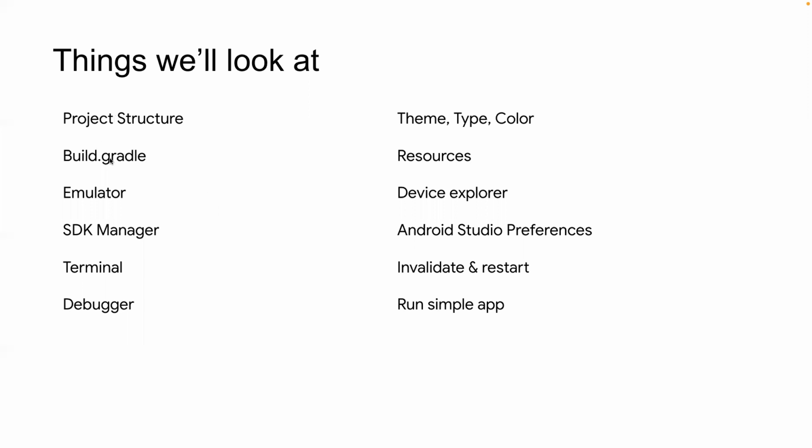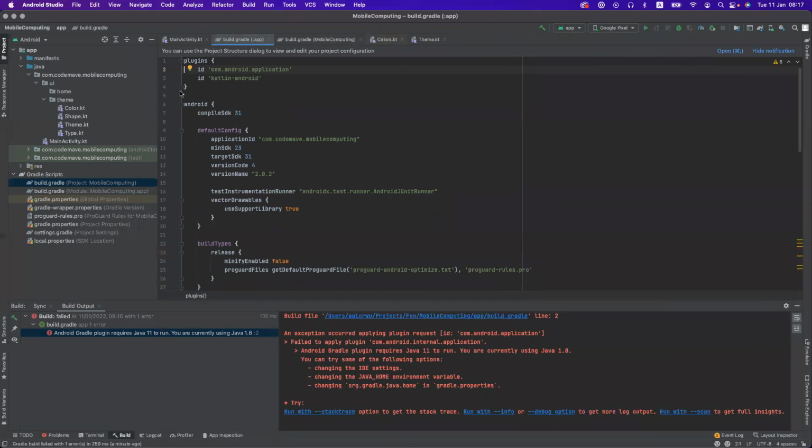Okay, we've looked at project structure, we looked at build.gradle, we looked at these guys. It is this one, the Android Studio preferences. To get that to work, we'll have to go to Android Studio and Preferences. I still do not remember the name on Windows.